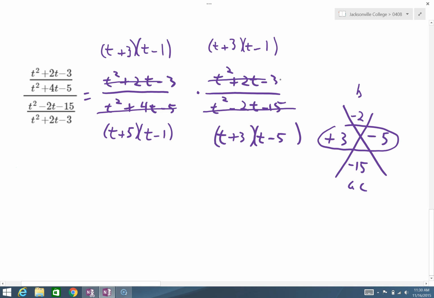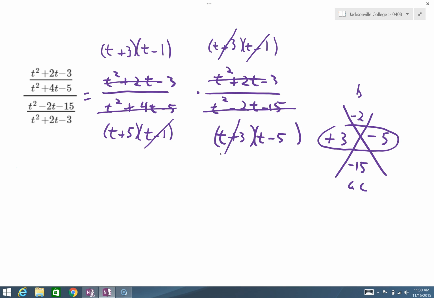Alright, now any numerator can cancel with any denominator. You see that t minus 1 will cancel with t minus 1. T plus 3 can cancel with t plus 3. And that will be all.